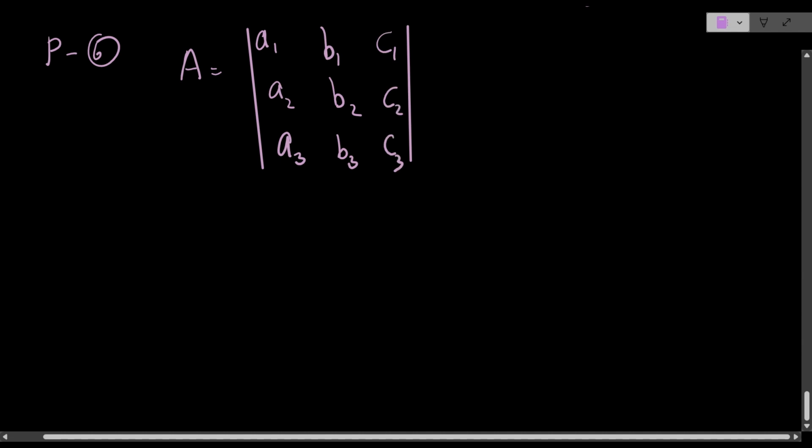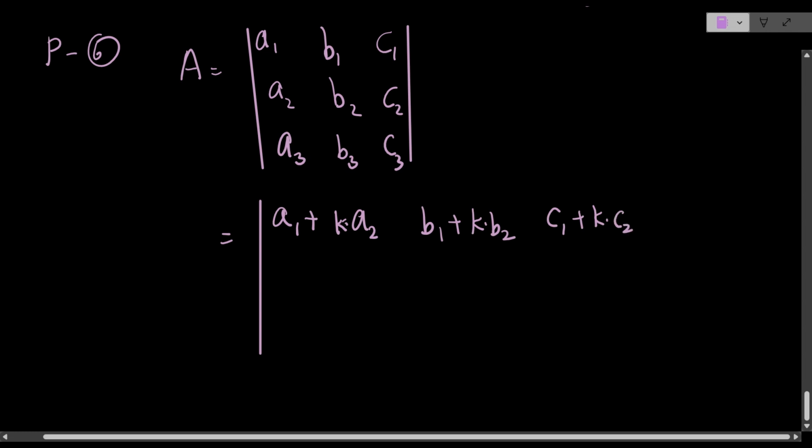Now I am adding a constant multiplied with the second row to the first row: A1 plus K into A2, B1 plus K into B2 and C1 plus K into C2, and the rest is A2, B2, C2, A3, B3, C3.